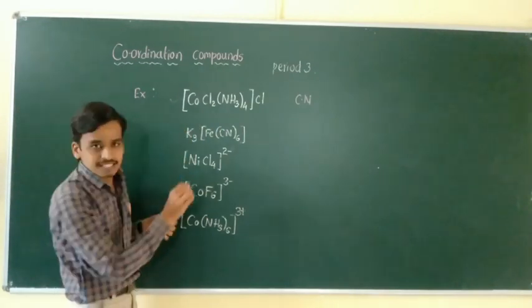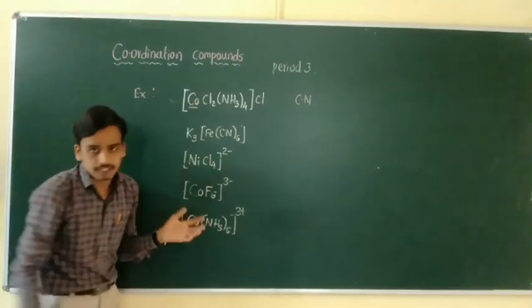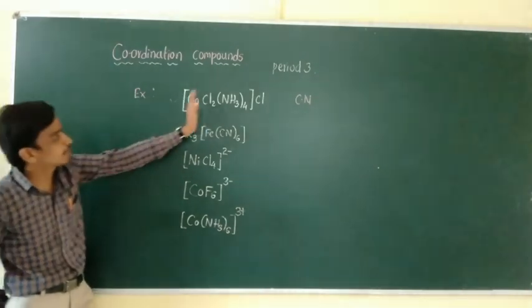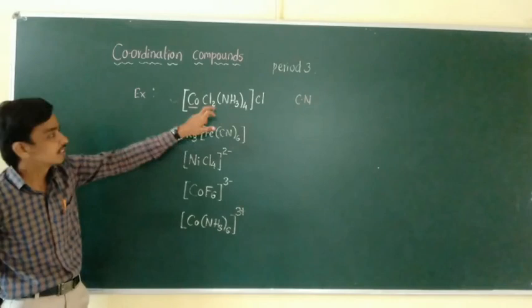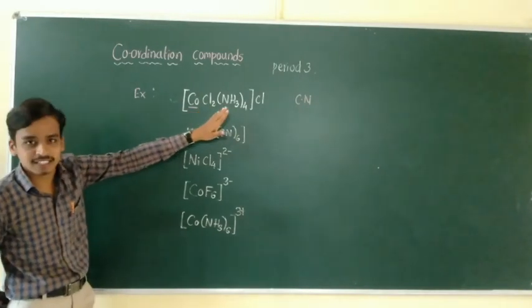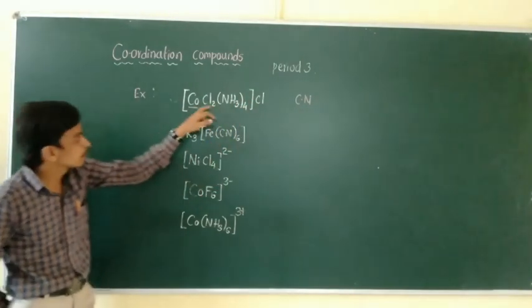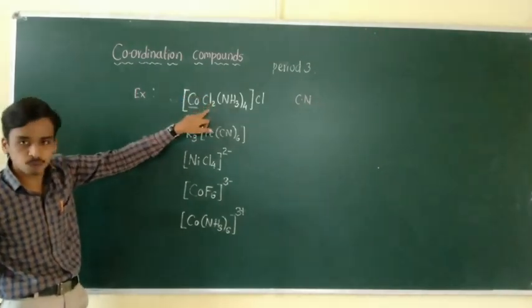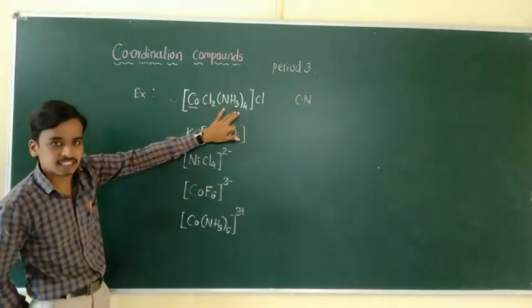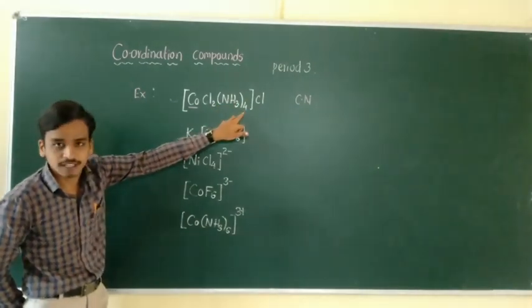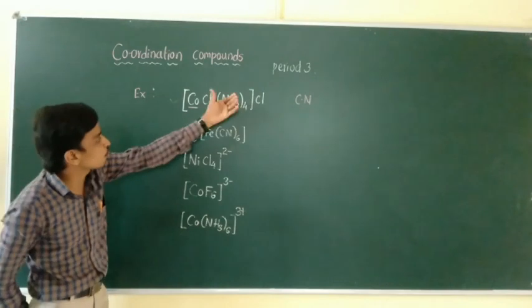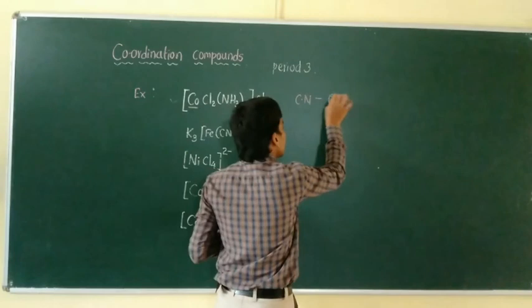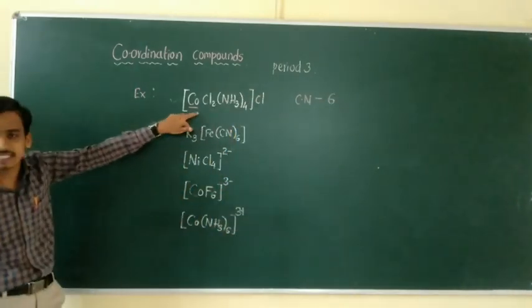In this complex, it is cobalt. Except cobalt, the remaining things are the ligands. Just count the number of ligands irrespective of their nature. Chlorine ligands are 2, and ammonia, NH3, ligands are 4. So 2 plus 4, the total number of ligands, is the coordination number. Therefore, the coordination number is 6 for this complex.